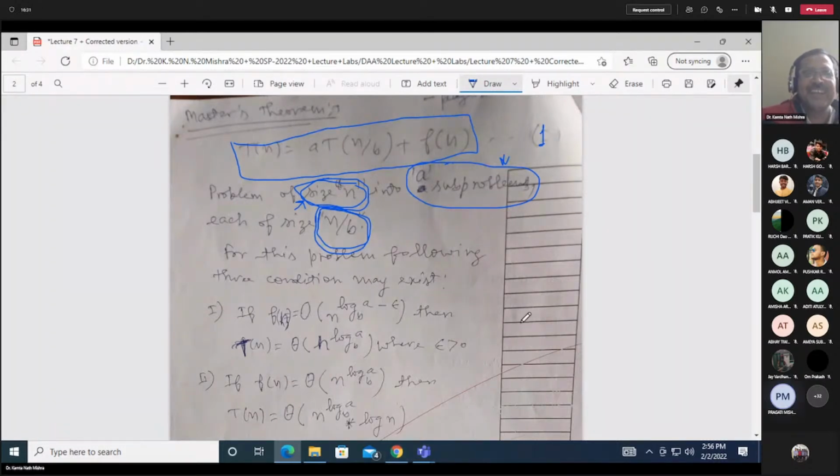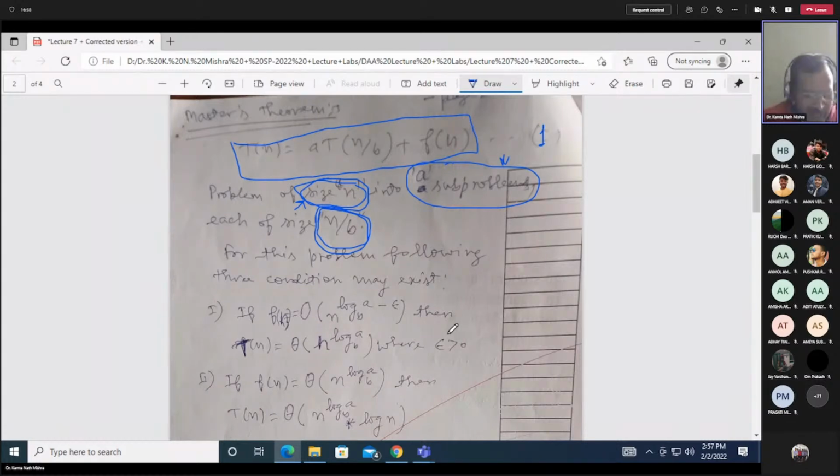Two subproblems and size of each problem is n by 2. And the size of your problem is n. Yes, absolutely right.